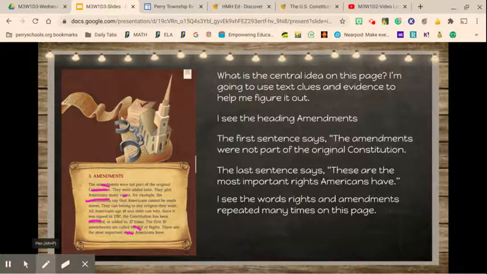So rights and amendments are repeated many times on this page. So that makes me think that the main idea or the central idea is going to have to do with the amendments and rights. So I came up with this. The central idea is the amendments were rights added to the Constitution. Pretty simple explanation, but that tells me what this paragraph is mostly about.